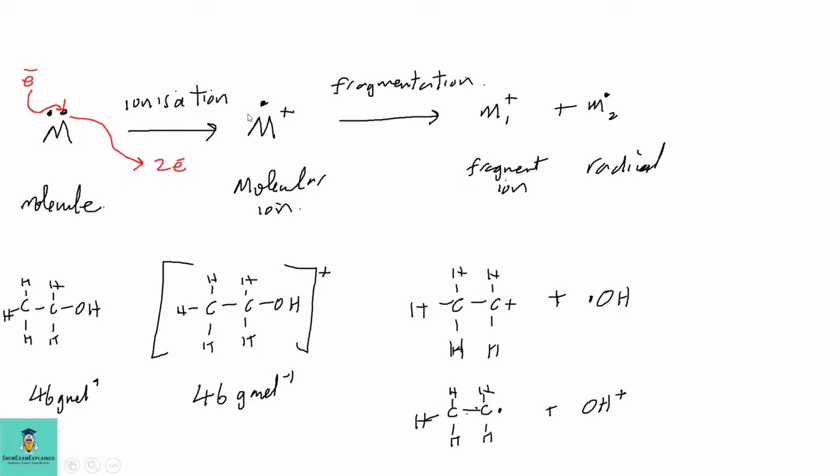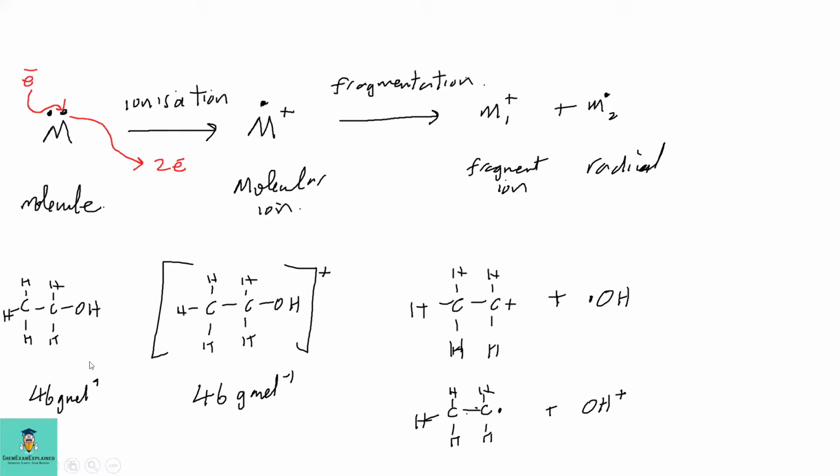Now, this process is called ionization. After ionization, we're going to have fragmentation. When the parent ion or the molecular ion splits, it's called fragmentation. And we now have a fragment ion and a radical. The fragment ion is what will be detected by the mass spectrometer, not the radical.